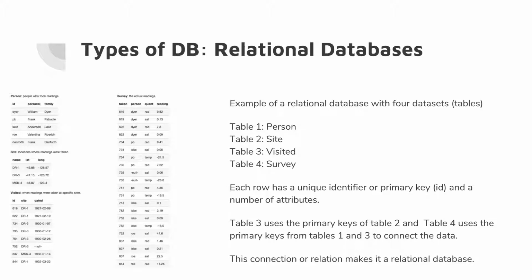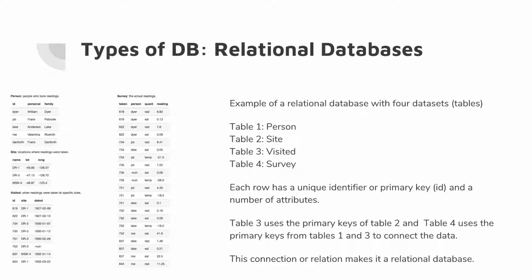In the table on the bottom left side, you have information on some research sites that have been visited. And in the fourth table, which is the long column on the right-hand side, you have some kind of survey data. I took these examples from an old geographical expedition. It doesn't really matter what the data is about. It's an example of tables in a relational database.